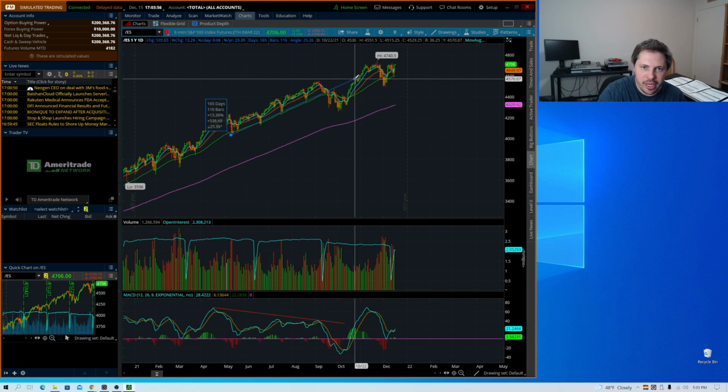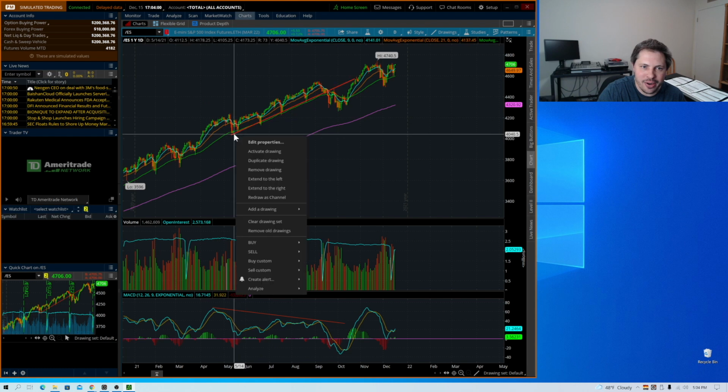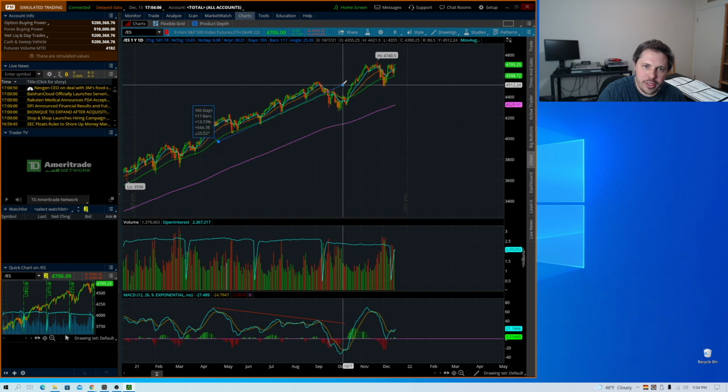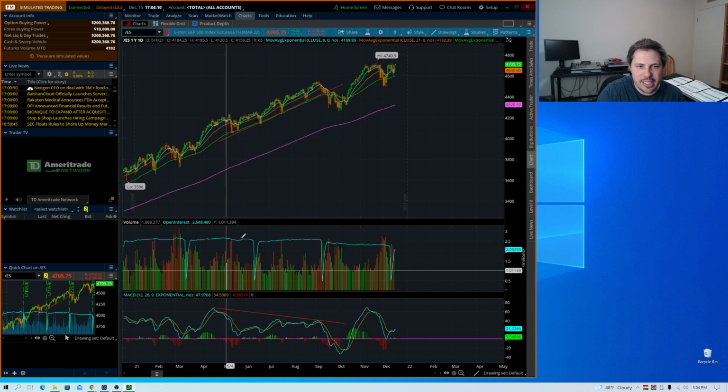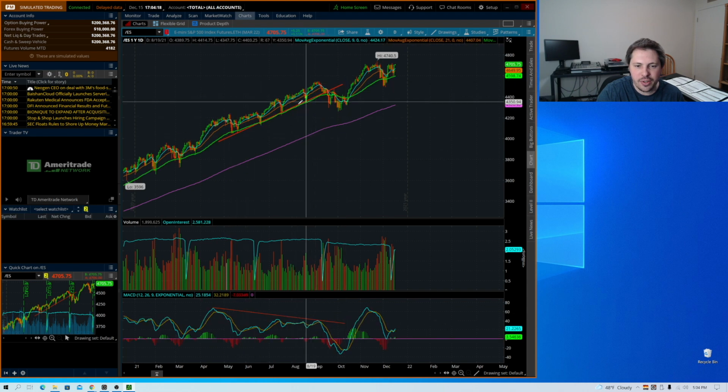If we draw a trend line here, let me draw a better one. If we draw this trend line kind of coming through this, we can see that there's a divergence here, right? Because this is going down, but the trend is still going up.